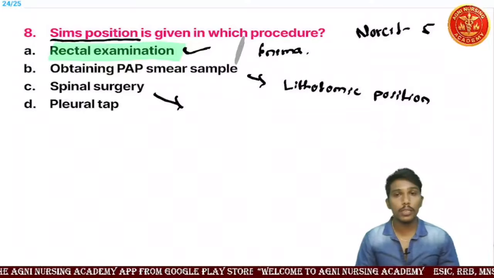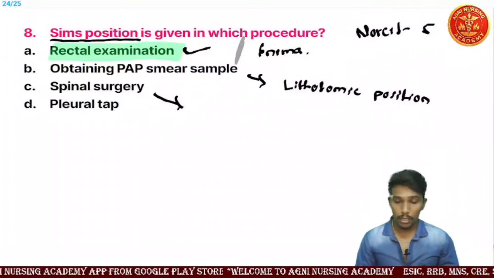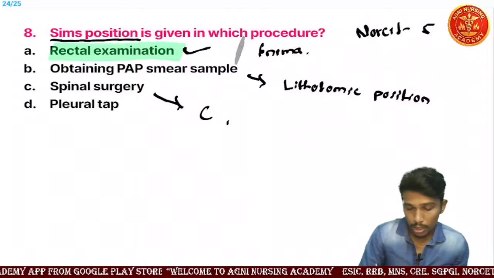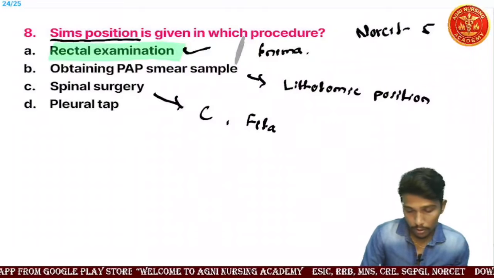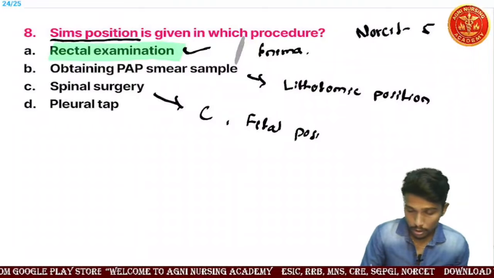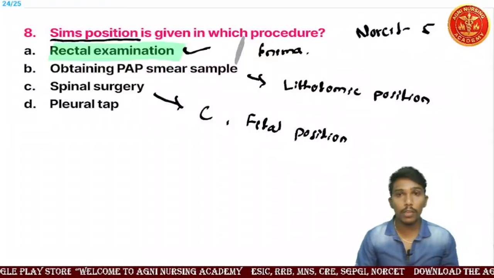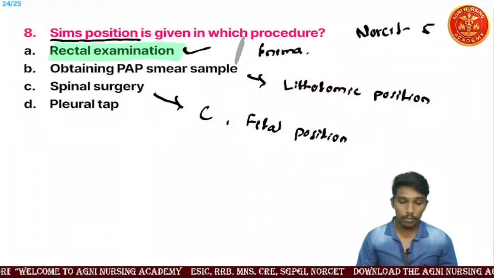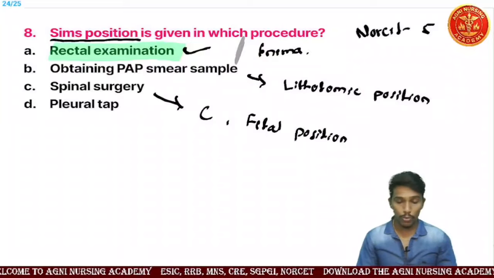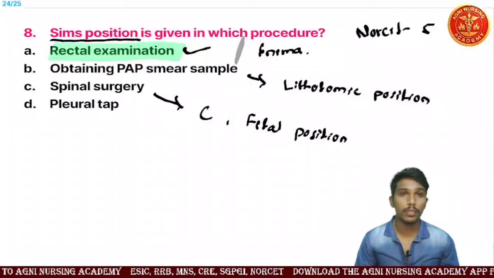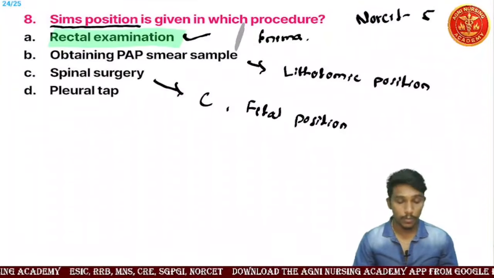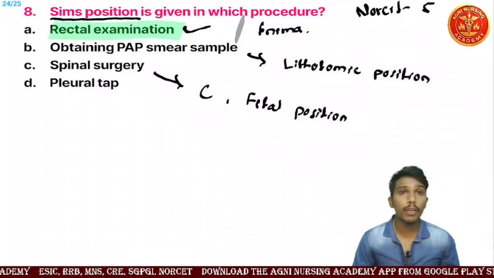If you are doing spinal surgery, spinal tapping, or lumbar puncture, we have to give the C-shape position, or fetal position. In fetal position, you have to flex your knees up to the chest, and flex the head so that the chin touches the knees. Okay, this is for spinal tapping, the fetal position. Then coming to option D, what is this?